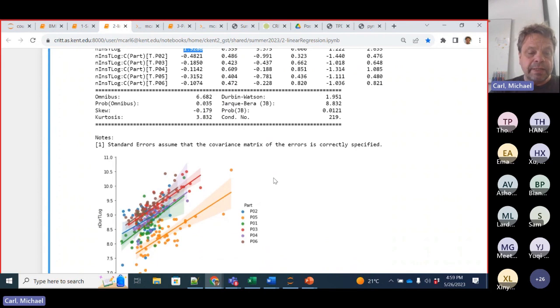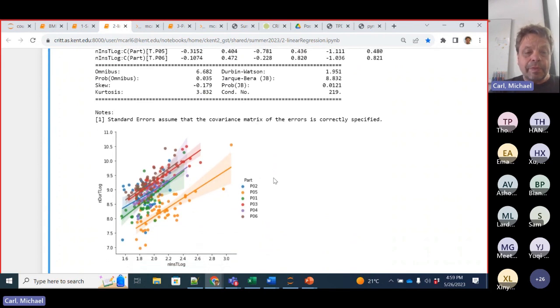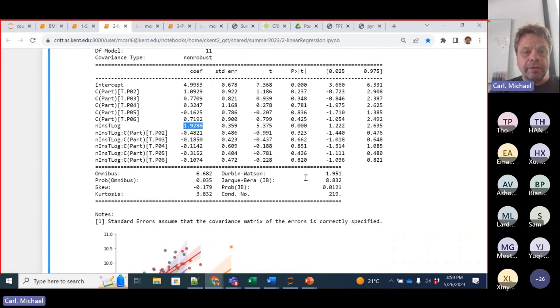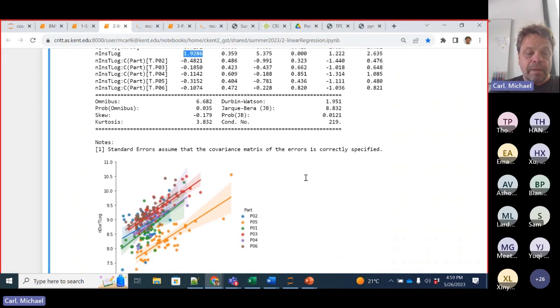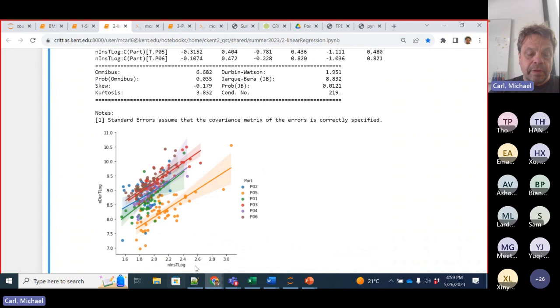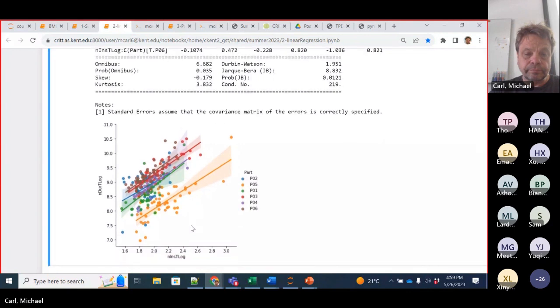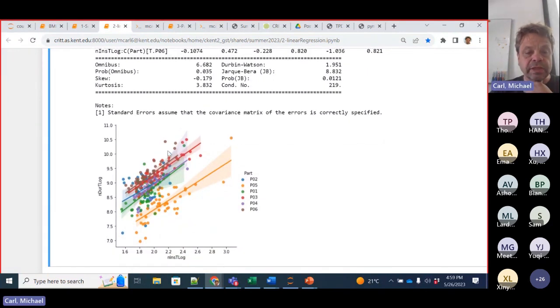Okay, so that means that in fact, according to this analysis, all the participants have the same ratio between insertions and durations here. So there is no significant difference between those things. You can also see this visually, no? You see that all these lines are more or less parallel.